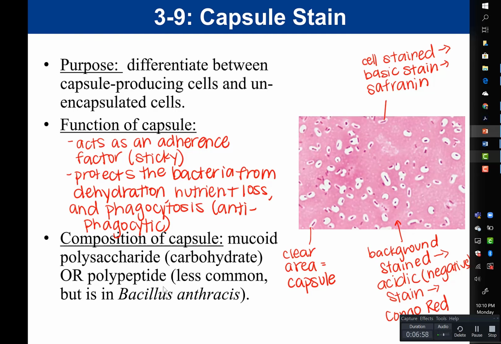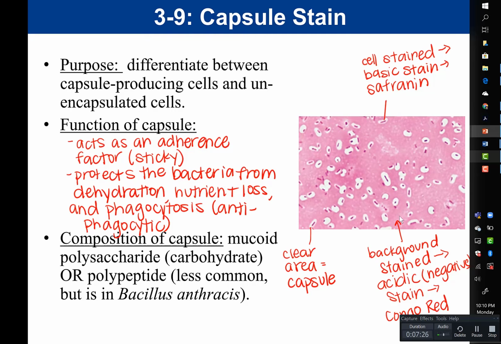For the capsule stain, you should be able to tell me that the cell is stained with safranin. The safranin is going to be our basic stain. It stains the cell. You want to be able to tell me that the background is stained, and that's because we use an acidic or a negative stain, like Congo red, and that the capsule is the clear area.